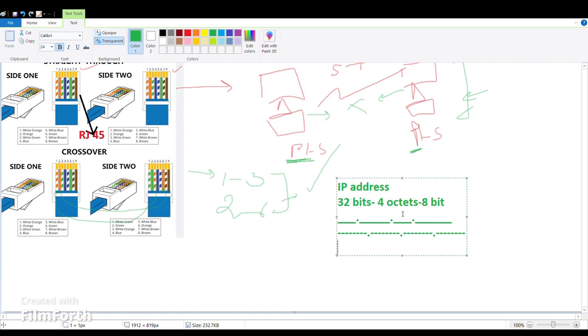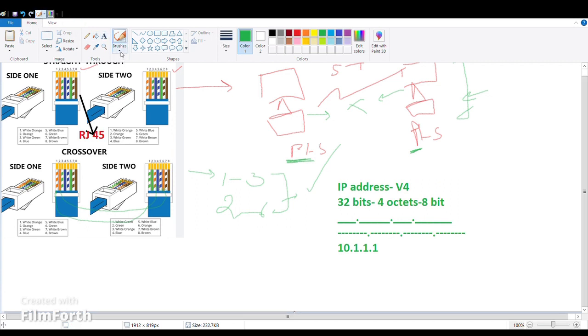So IPv4, IP version 4, is 32 bits. If the question says the address is 10.1.1.1, it means 10 is in the first octet. Let me draw it, that's better.